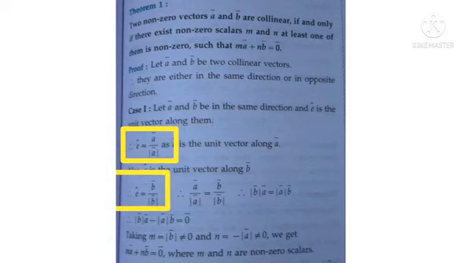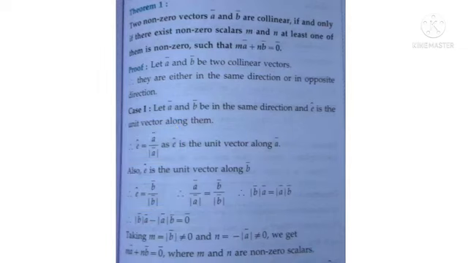From these two equations you can write a bar upon magnitude of a bar is equal to b bar upon magnitude of b bar. Cross multiply, we get a bar into magnitude of b bar is equal to magnitude of a bar into b bar. Take everything on the LHS, so we get magnitude of b bar into a bar minus magnitude of a bar into b bar is equal to 0 bar.